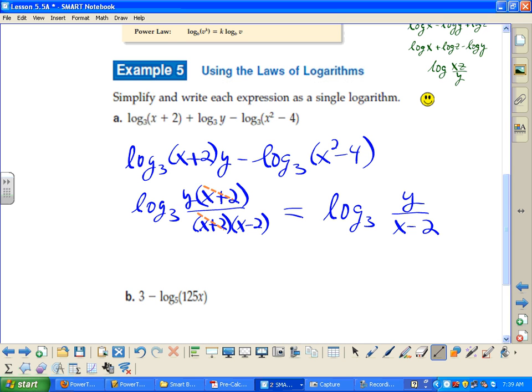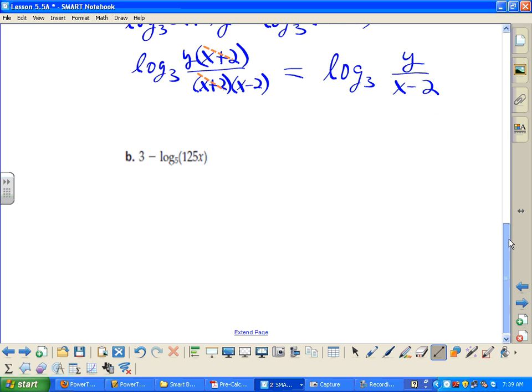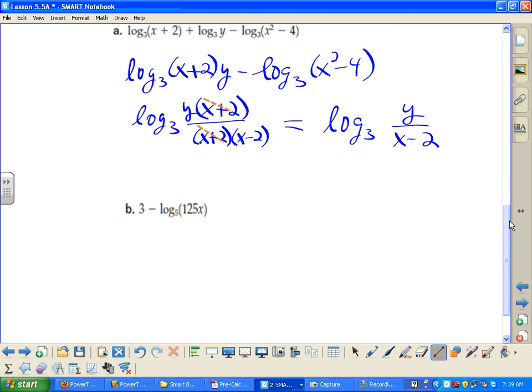So there's a simplifying, and here we're going to look at another example. Letter B here says 3 minus the log base 5 of 125x. Okay? So I can rewrite this, first of all, as 3 minus the log base 5 of 125. I want to do that because that's going to give me something I can simplify.